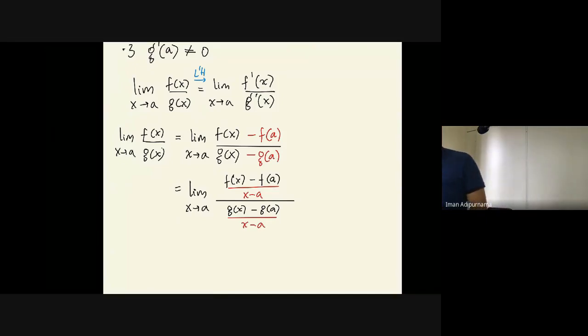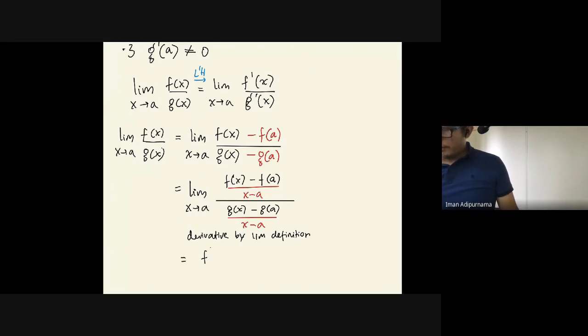From the definition of limit, we know that these two are the derivative of f and the derivative of g, right? So roughly, based on the derivative by limit definition, this whole limit is f prime of a over g prime of a.